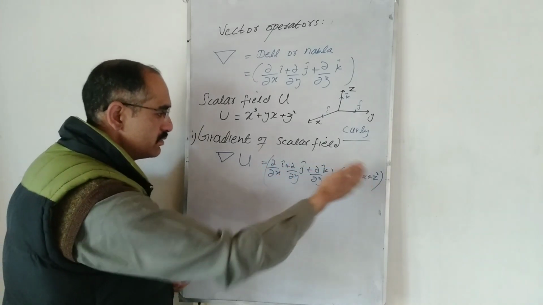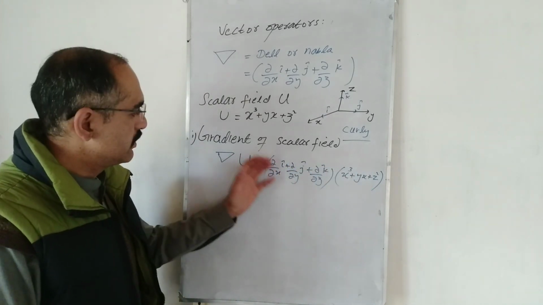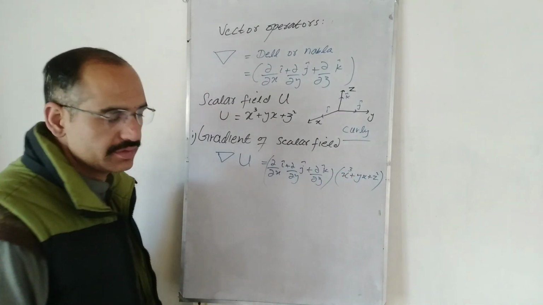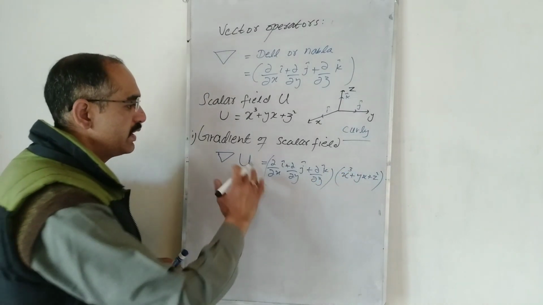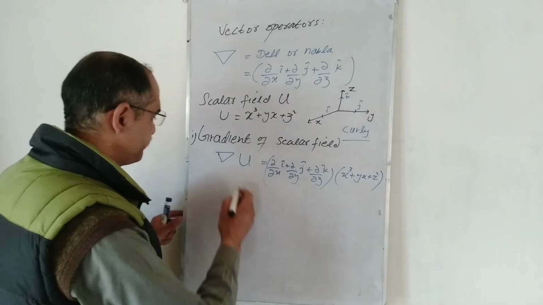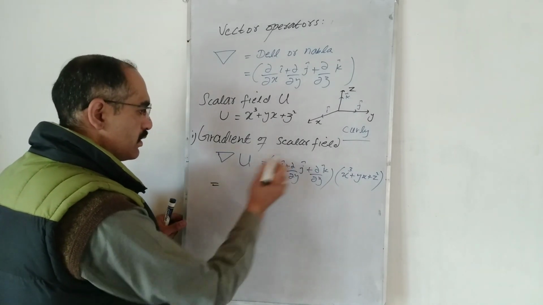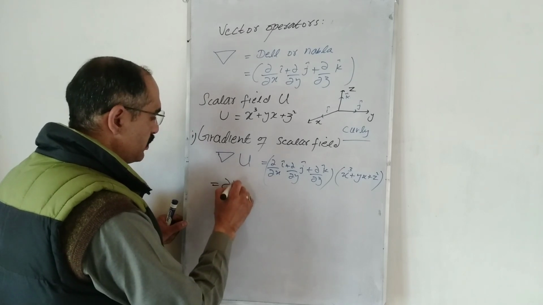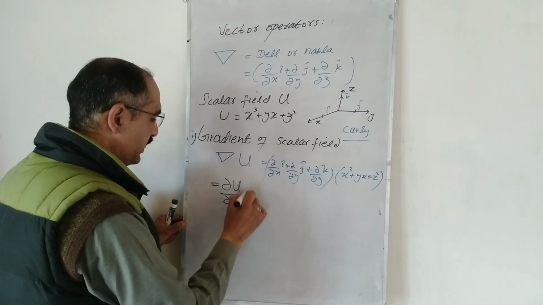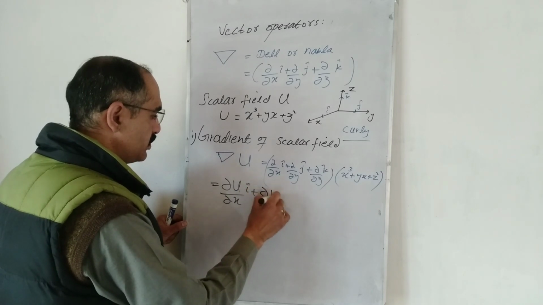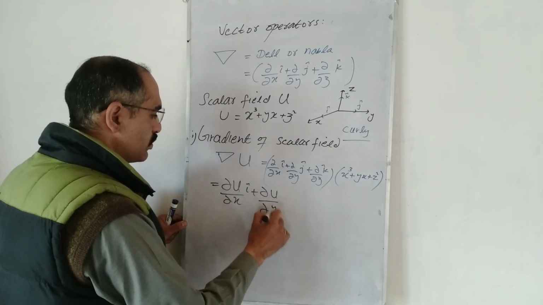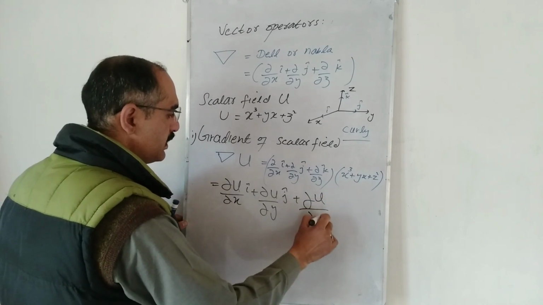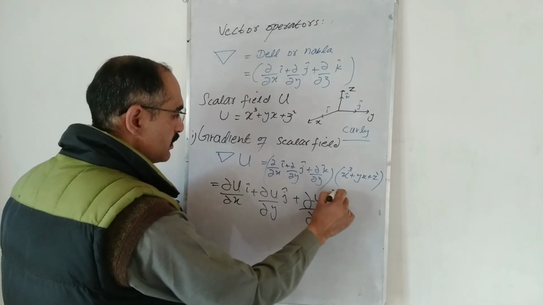So this is nothing but the partial derivatives of this scalar field. So we are going to take the partial derivative. So it becomes ∂u/∂x i cap plus ∂u/∂y j cap plus ∂u/∂z k cap.